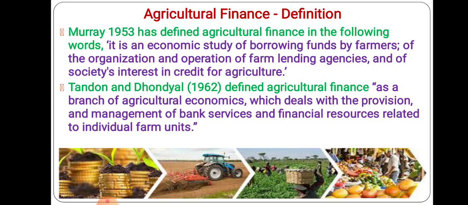It is the branch of agriculture economics in which we study the provision and management of bank services. What are the different bank services? What are their provisions and how are they managed? And the financial resources related to individual farm units come under the branch of agriculture finance. These are the two definitions given by different scientists.